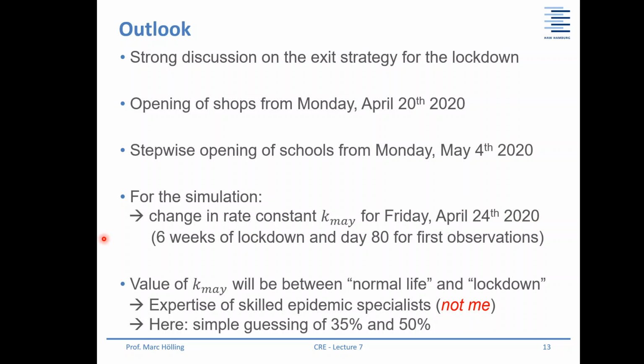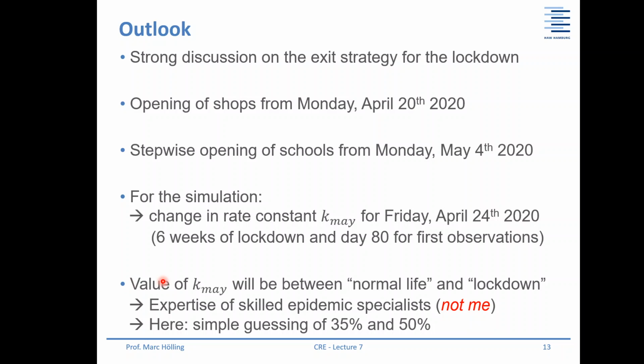This would mean that we model a lockdown of 6 weeks, and with this incubation period, from day 80 on there will be some first observation in the measured data that we get from the Robert Koch Institute and so on.